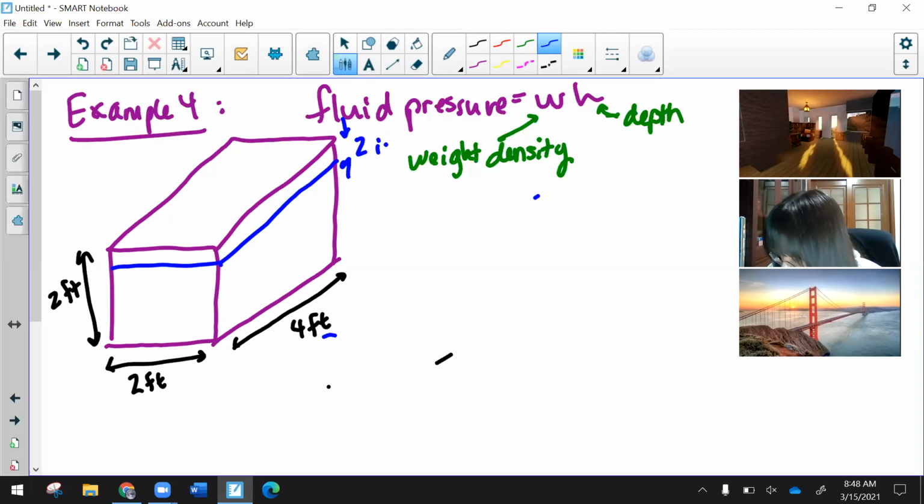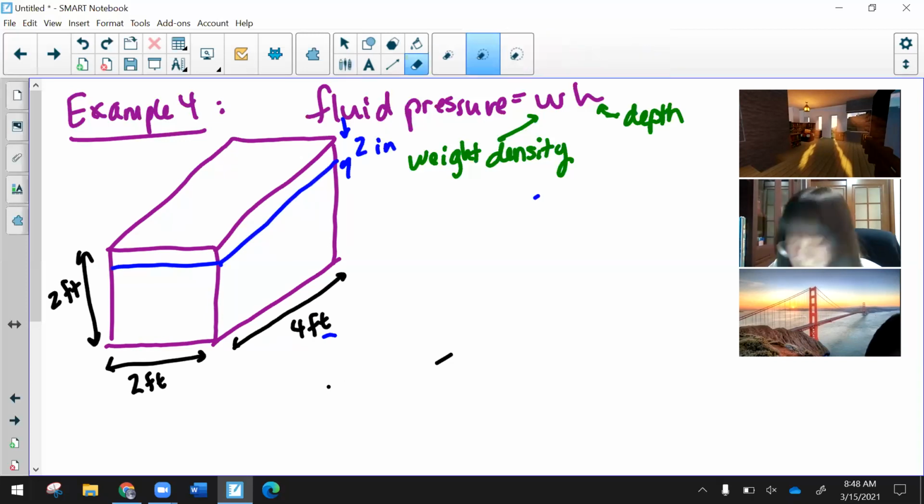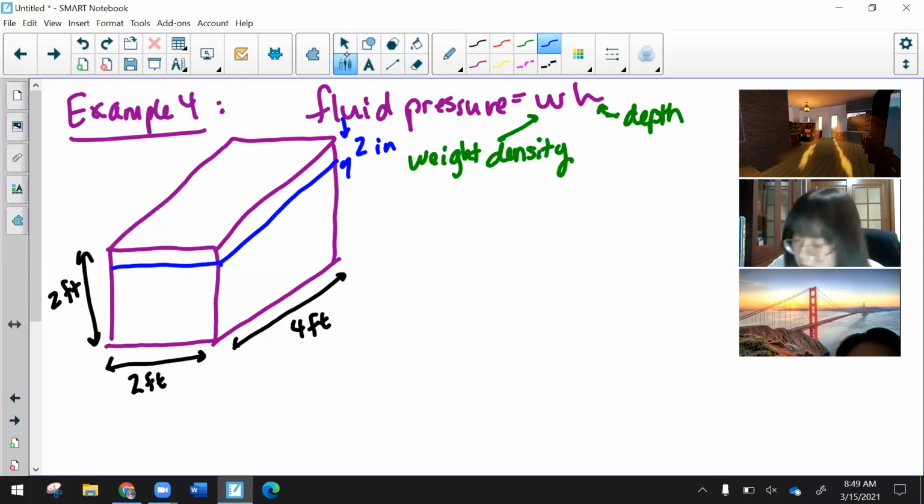Okay, so there are 2 inches that are not filled at the top. Okay, we all got our picture?